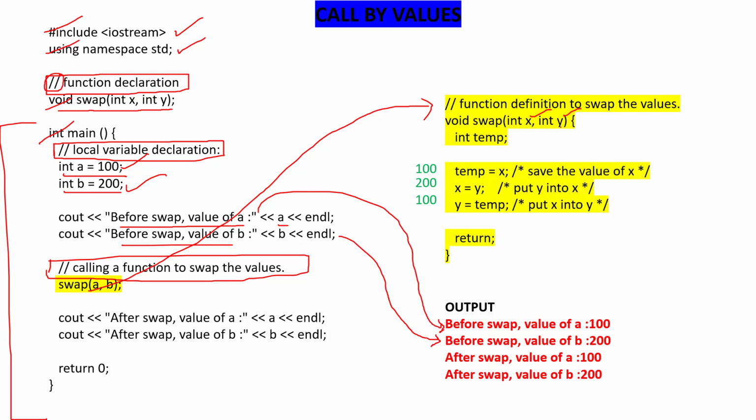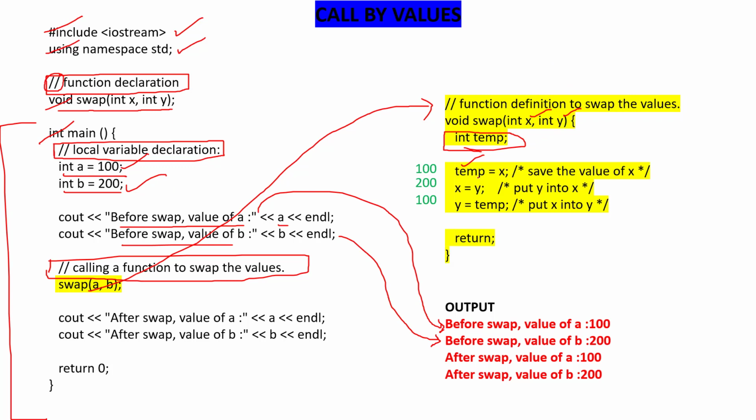Void swap(int x, int y), int temp. The defined temp inside is local to this different function. Temp equal to x. So here the 100 will be assigned to x. X will be 100 and y will be 200.